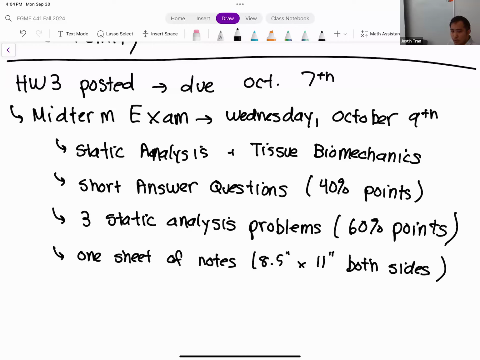You can also think of it as taking 6.5 weeks' worth of content and condensing it into one cheat sheet. The process of condensing that information down into a cheat sheet is actually a really good study tool in and of itself. When I was in school, I would spend the majority of my time making the cheat sheet itself. And just by doing that, I very naturally went over all the material that was in the class.